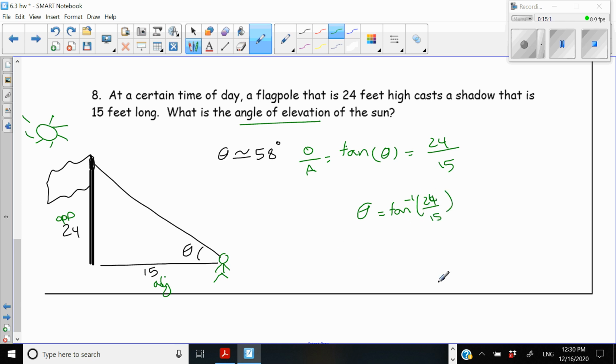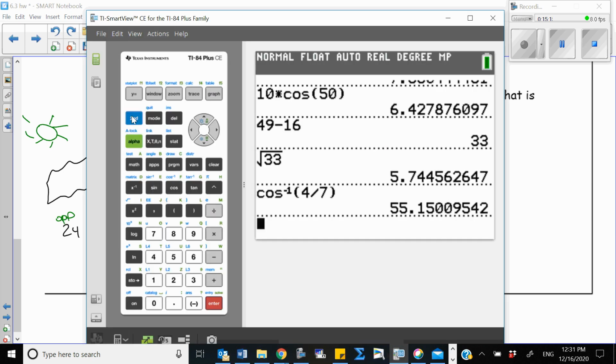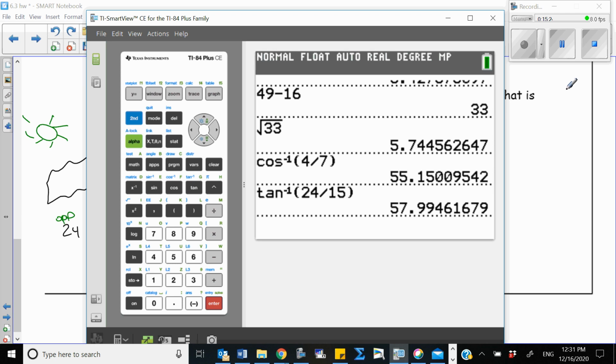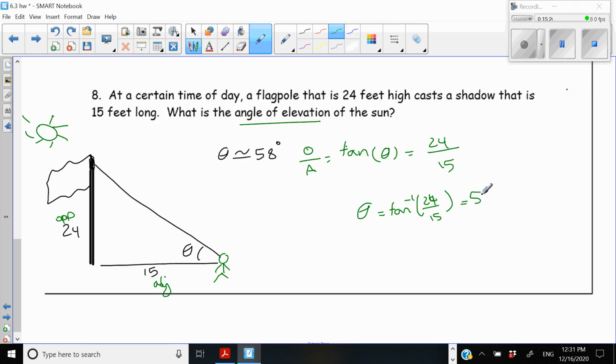So use your calculator again. Tangent -1, second tangent, of 24 over 15, and it's equal to 57.99 degrees. This is the angle of elevation.